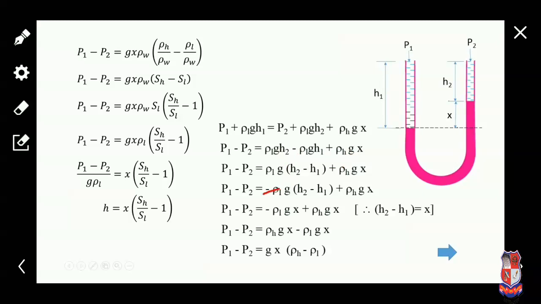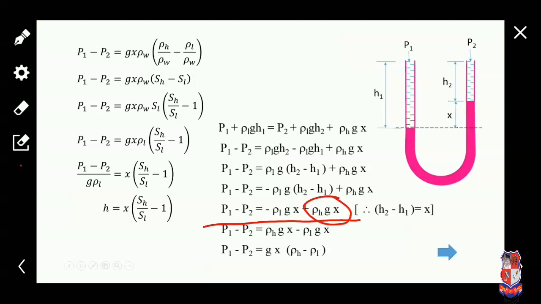Now multiplying by the minus sign changes the sign of H1 and H2, so here H1 minus H2. H1 minus H2 is nothing but x, so here in the bracket we put x. So P1 minus P2 is equal to minus ρ1 g x plus ρh g x.